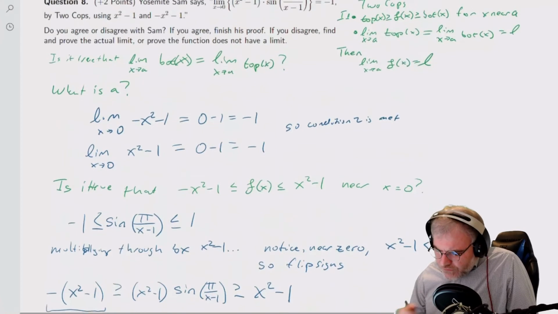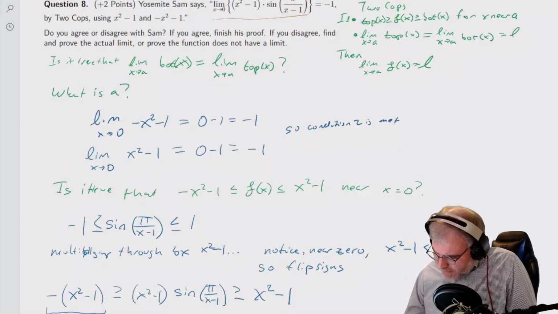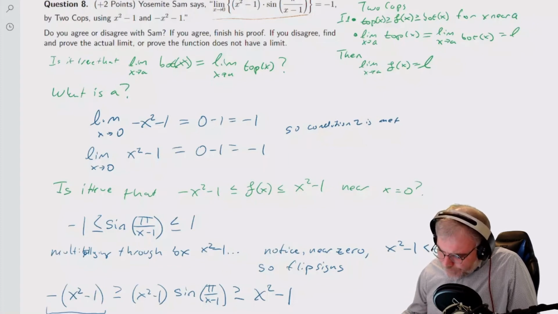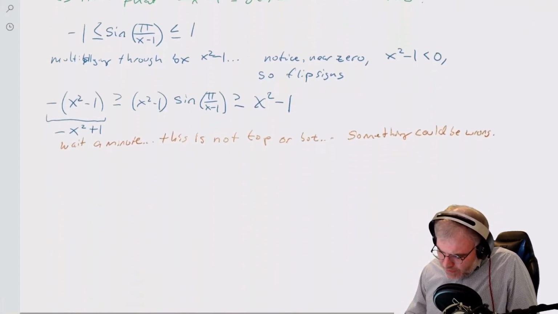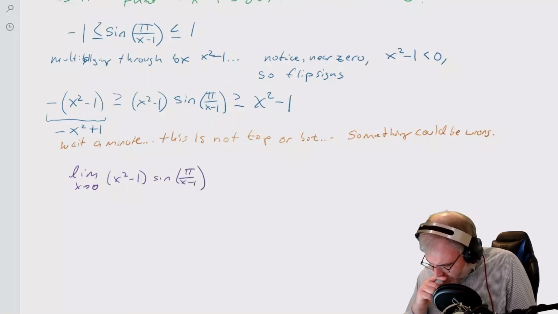All right, so let's go back to the original function and let's try something else. Let's sit down and go, wait a minute. The limit as x goes to 0 of x squared minus 1 times sine of pi over x minus 1. Well, this piece is going to go to negative 1. Well, what does this piece go to?